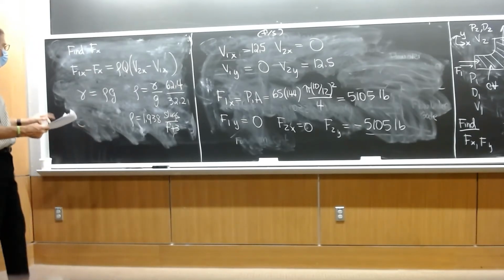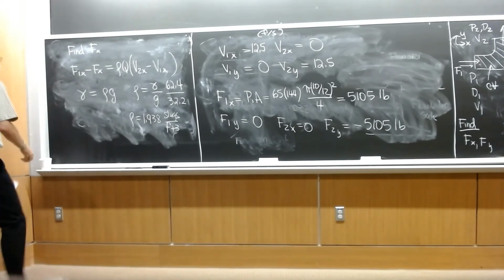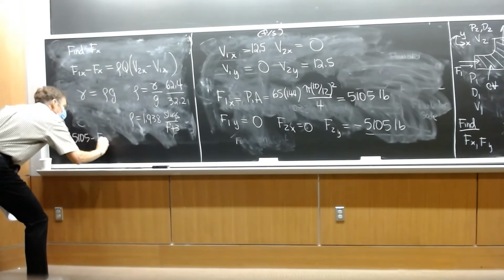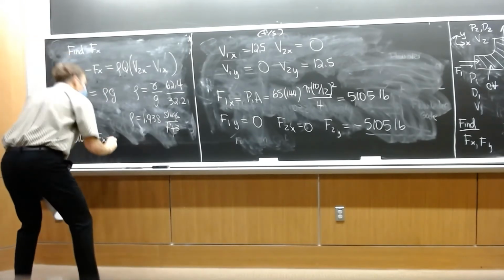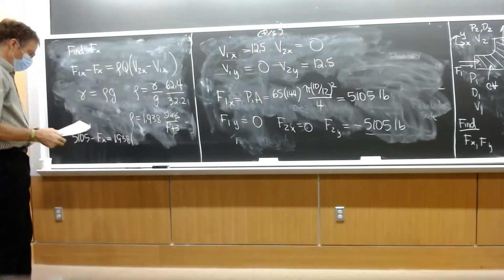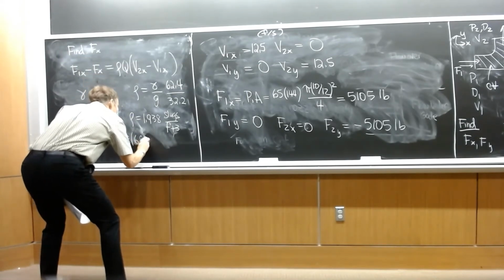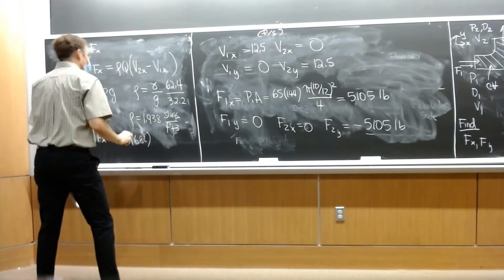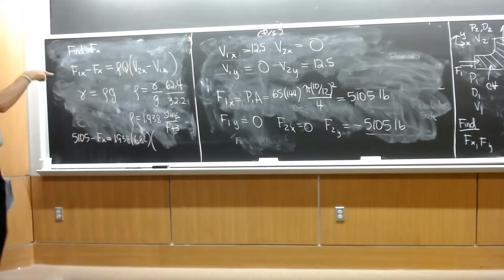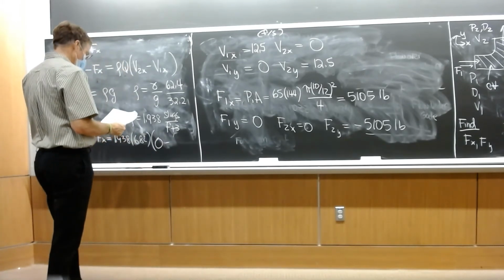Okay, so let's put these values in. F1x, we said, was 5105 minus F sub x, 1.938. What was it, 6.82? Yeah, 6.82. And v2x is 0 minus 12.5.